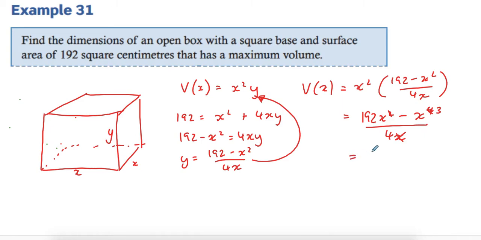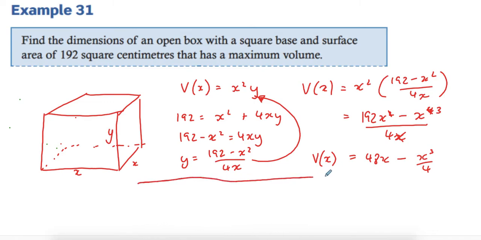And because we're going to differentiate it, we probably want to write that as 2 separate terms. So 192 divided by 4 is 48. So we've got 48x minus x cubed over 4. So that's our volume in terms of x.